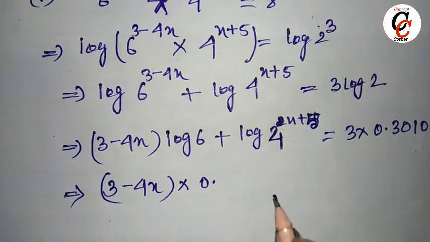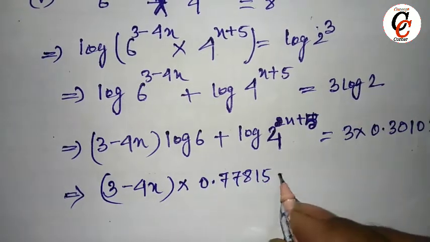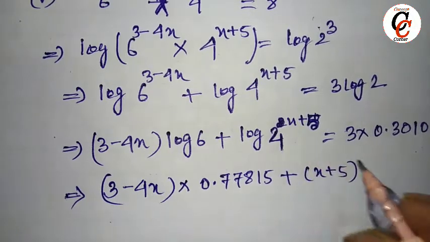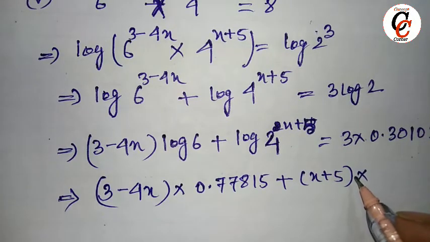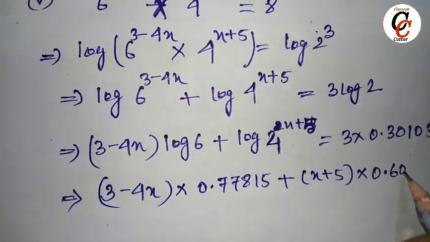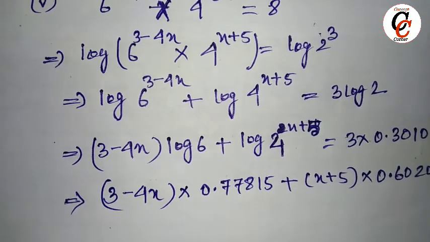Now see, we will directly put the value of the logs, it will be easy. So here 3 minus 4x, log of 6 means 0.77815. Here x plus 5 into log 4.